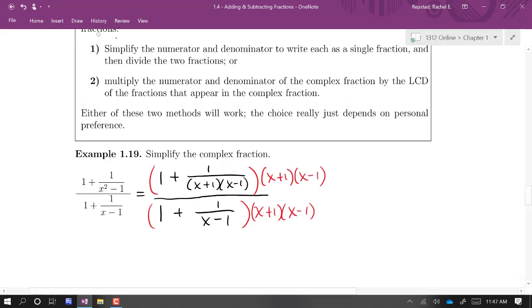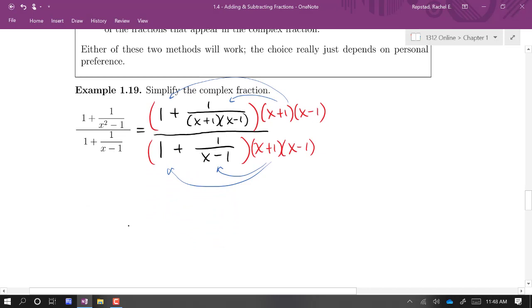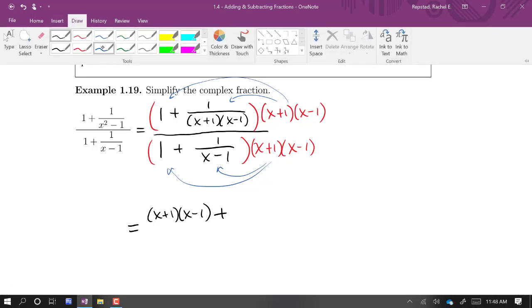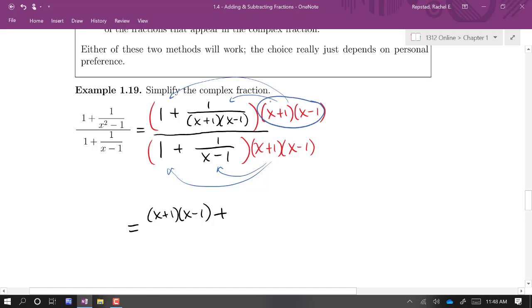And this is going to distribute. I'm going to distribute this to all the terms that appear, just two terms in the top and the bottom. So up top, I've got the product x plus 1, x minus 1, plus, now when we distribute it to this fraction here, it's going to cancel out those denominators.